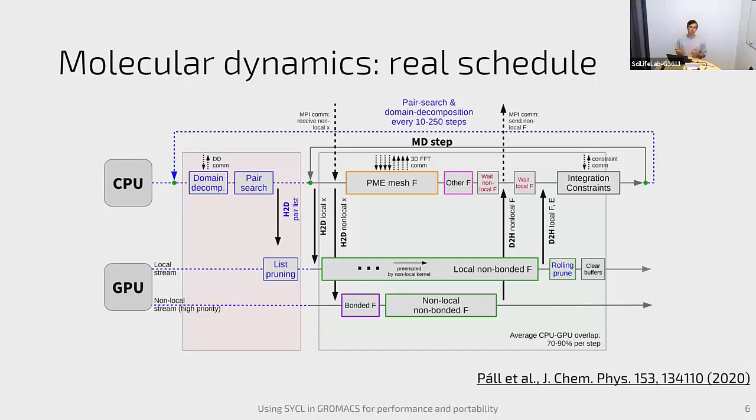Sometimes we have some work that must be executed on the CPU, so we might want to support a different distribution of work between CPUs and GPUs. Sometimes our system lacks some of the forces that are present here. For example, the PME mesh calculation is only relevant if we have PME. If not, this block is absent. So we also have to support a wide range of possible schedules and of possible ways that work can be offloaded or not.